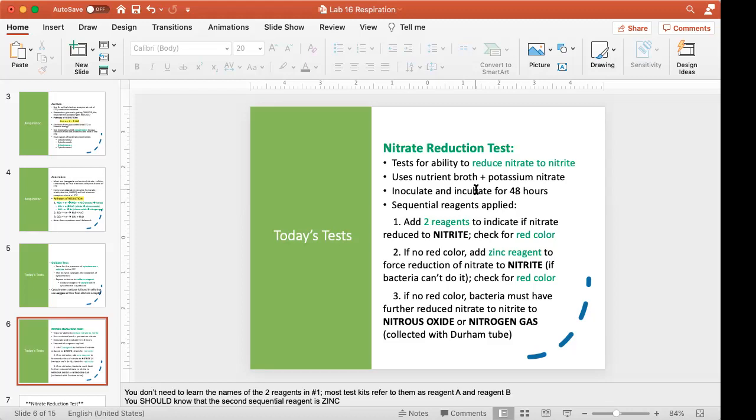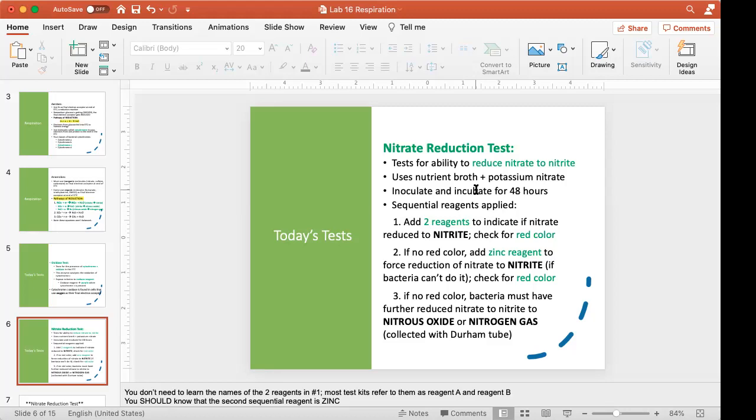So 48-hour incubation. When you take the tube out of the incubator, you have to add reagents. We've seen this, right? We saw this in the VP test. We saw this in the phenylalanine deamination test.